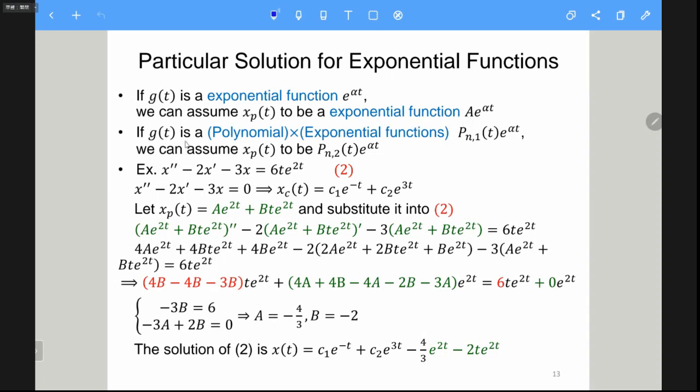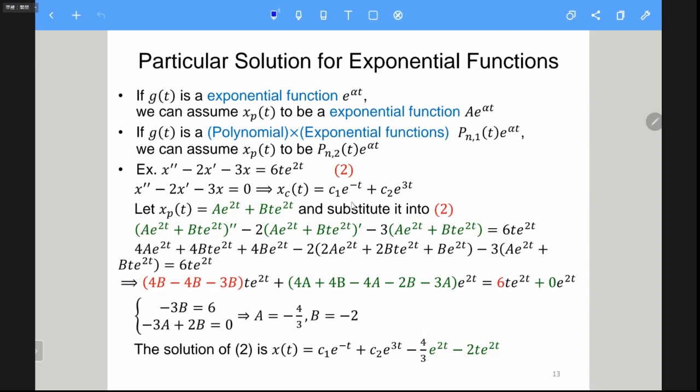And then if g of t is a polynomial times an exponential function, like an nth order polynomial times an exponential function, then we can also assume x_p to be an nth order polynomial, and then multiply by this exponent. So this is an example. We still have the same form on the left-hand side, and then we have this one, polynomial times exponential function.